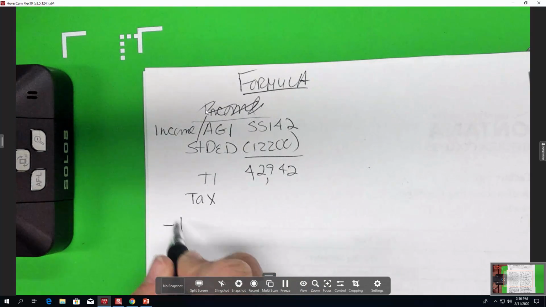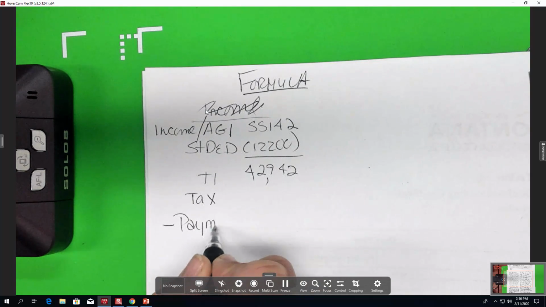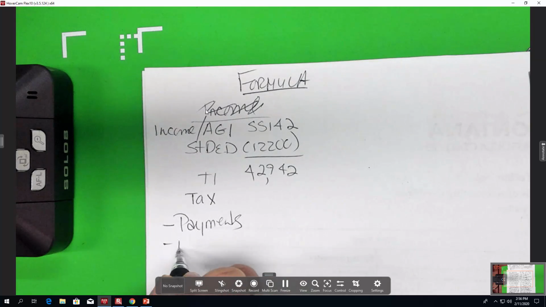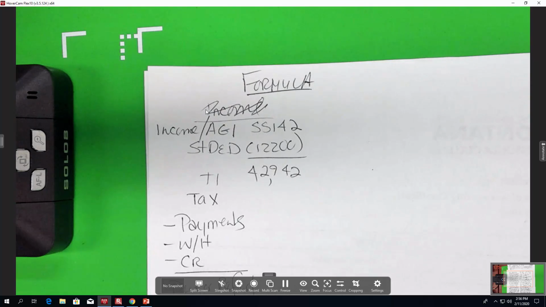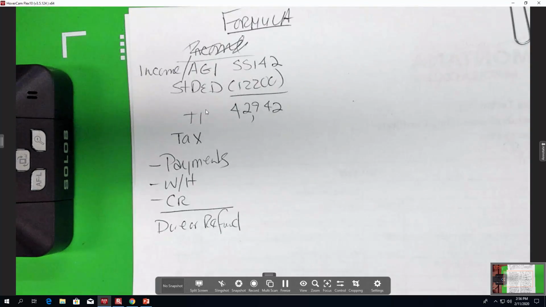Then we subtract all of our payments, withholdings, and credits. And you get the amount due or refund.